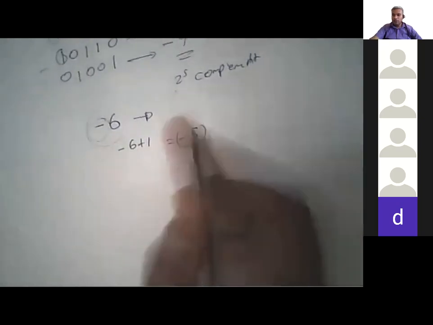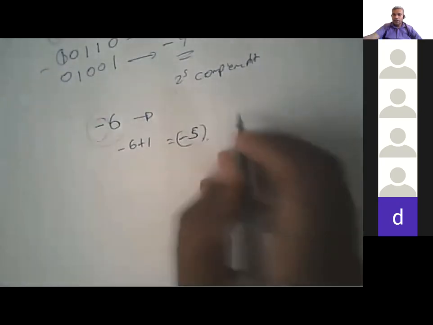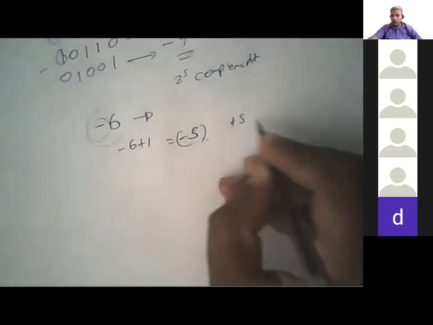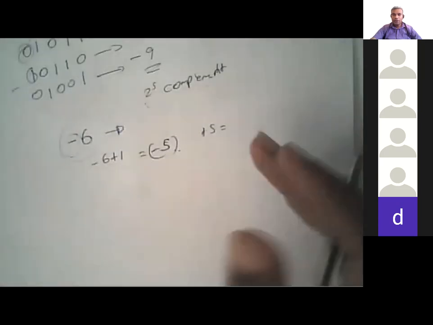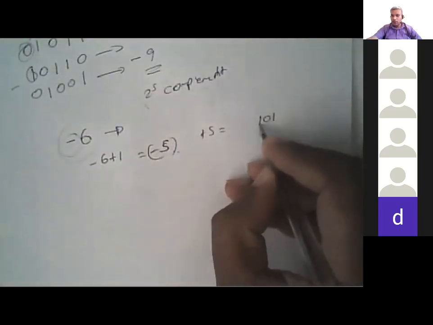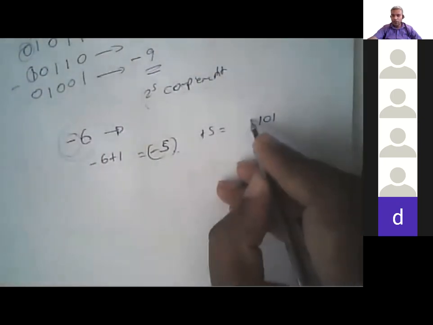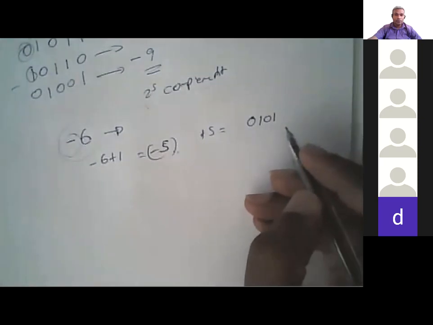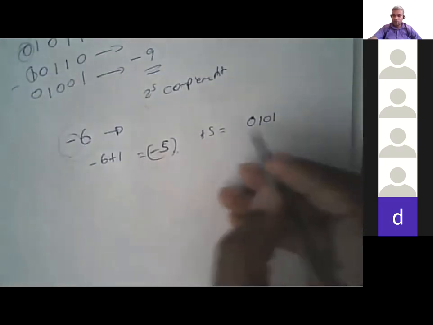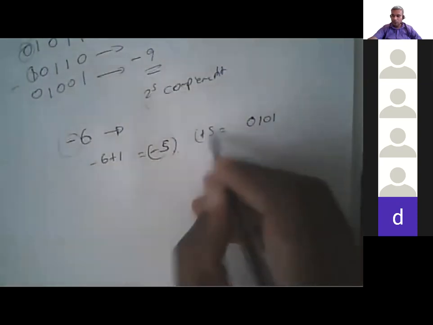So how do you take the ones complement of -5? We take +5 and flip the bits. So +5 means 1 0 1. But remember, in the ones complement, if it's a positive number, you need to have at least one leading 0. You can have multiple, but 1 is sufficient. If you want more, you can add them. So this is +5.